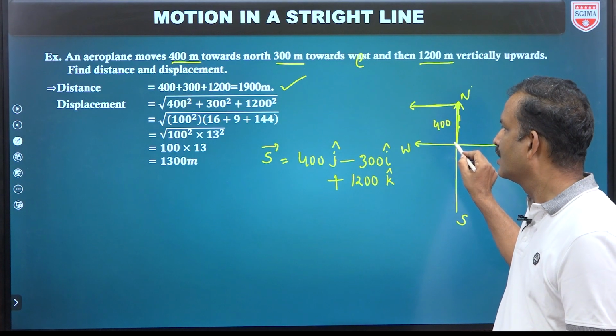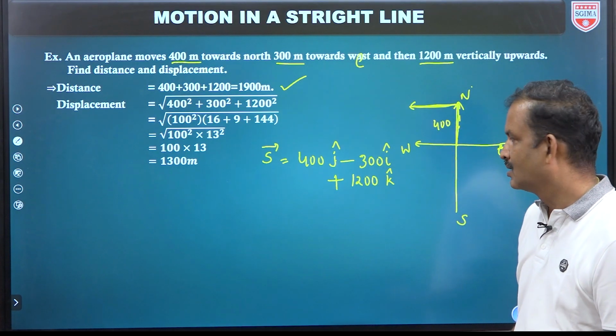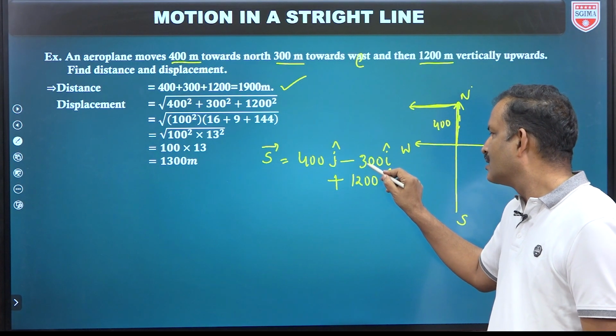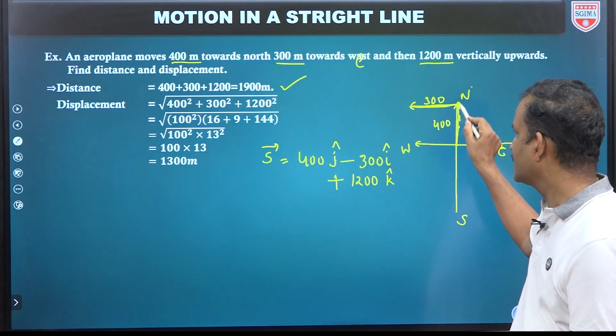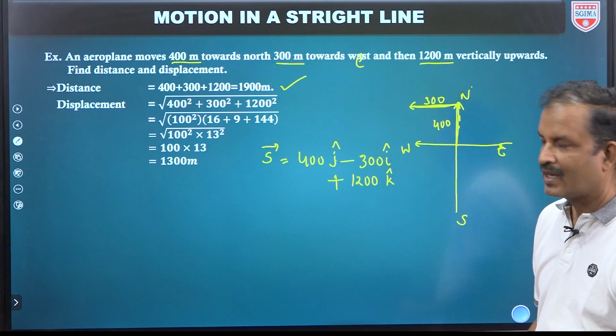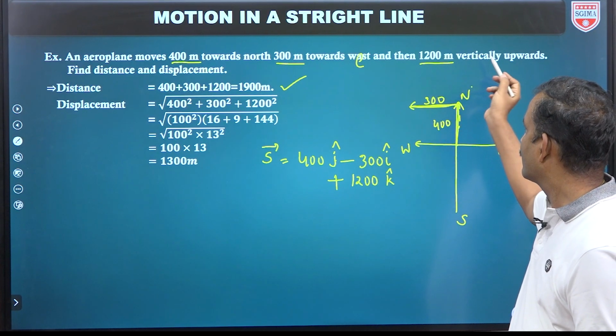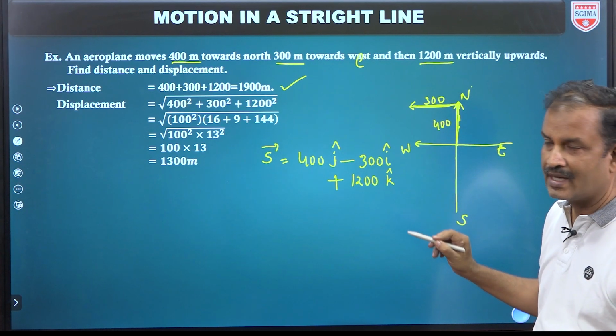400 j cap. And now it is going towards west. So that is 300 i cap, but west means negative x direction. Plus vertically upward, 1200 meters vertically upward means this direction.